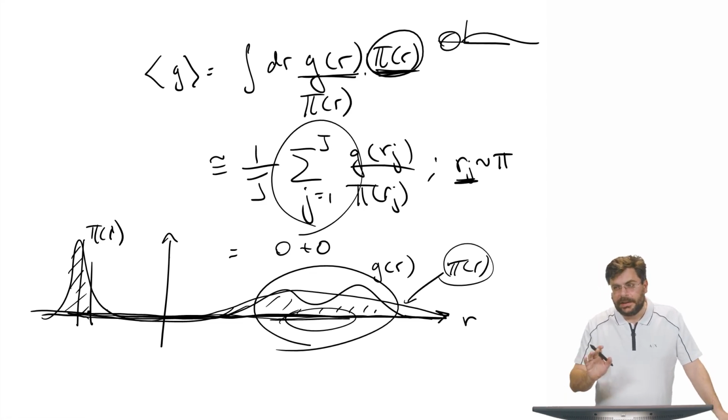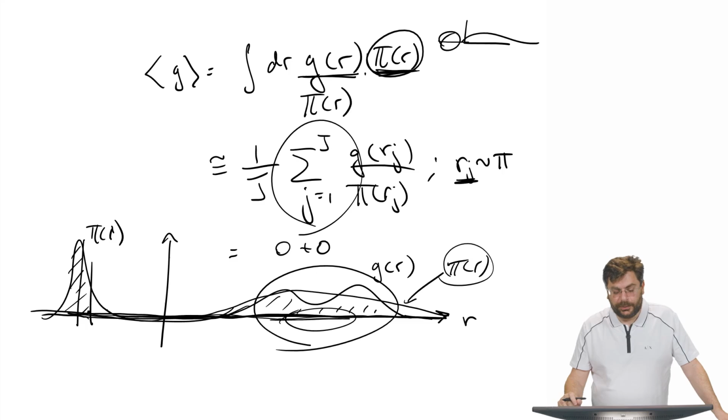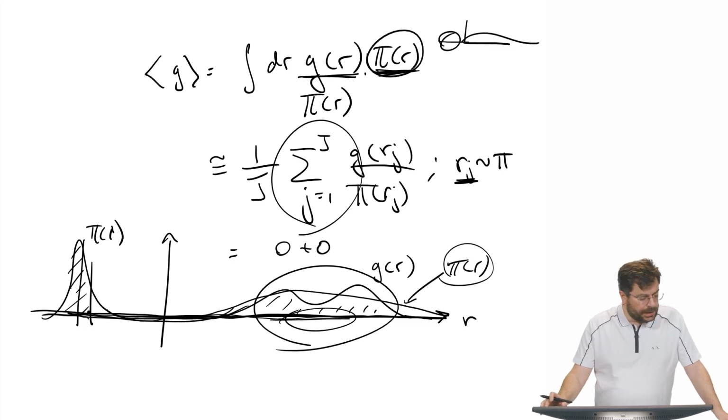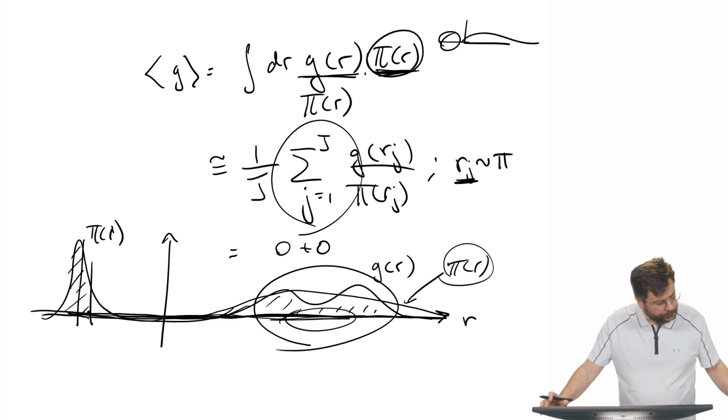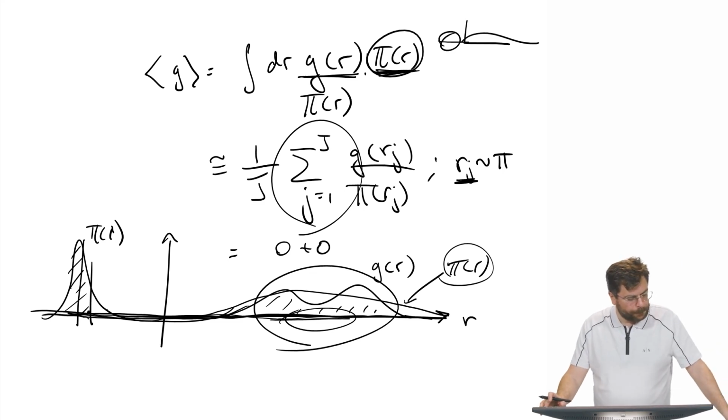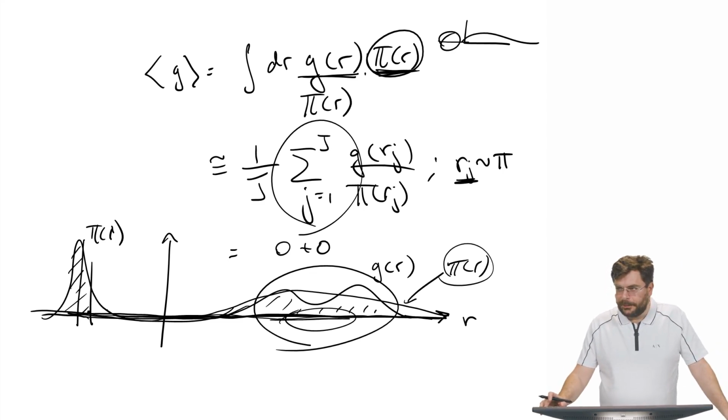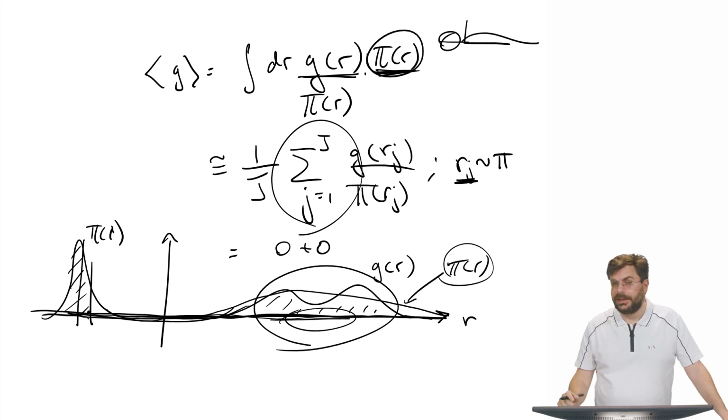So at this point, physical intuition has to start kicking in terms of what pi of r we are to select. What I've described so far is really Monte Carlo methods. Now, as part of this chapter, we'll also be introducing Markov chain Monte Carlo methods.